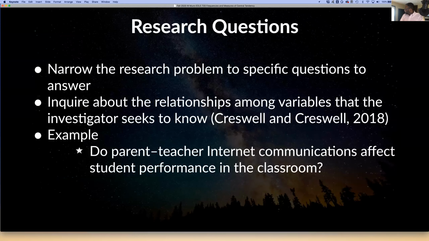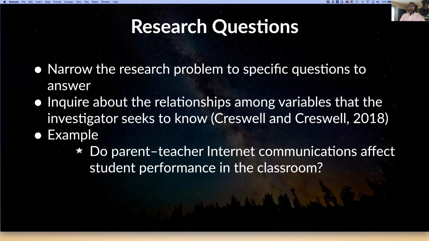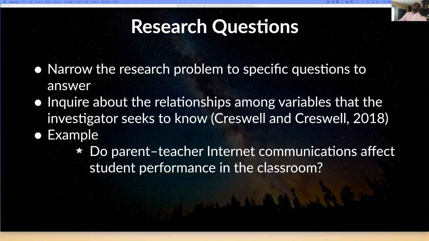For an example, do teacher-parent internet communications affect student performance in the classroom? I wrote this 2 years ago, and it seems that this is an incredibly relevant question to ask now.